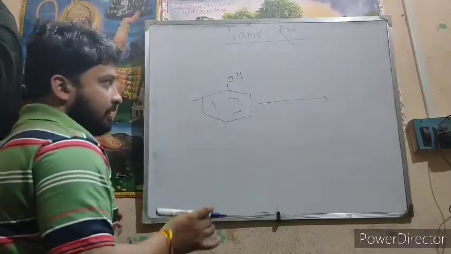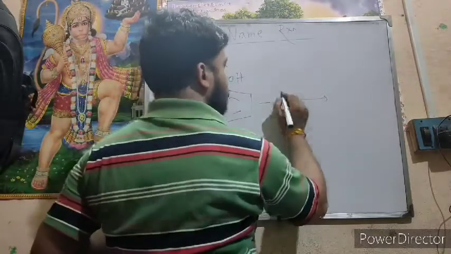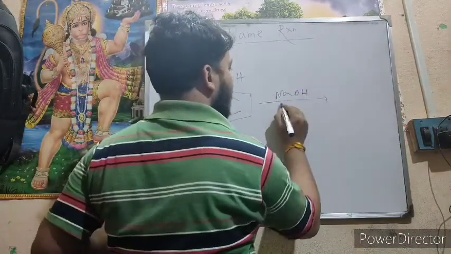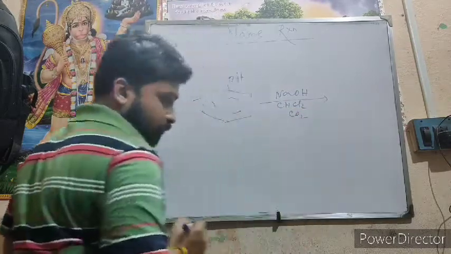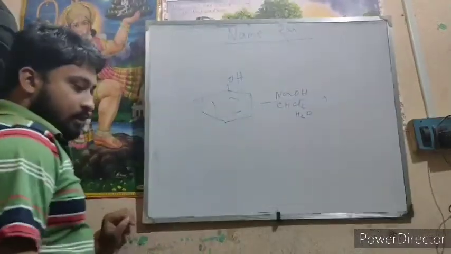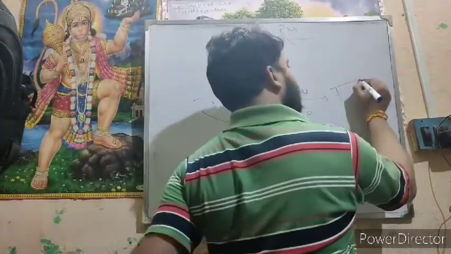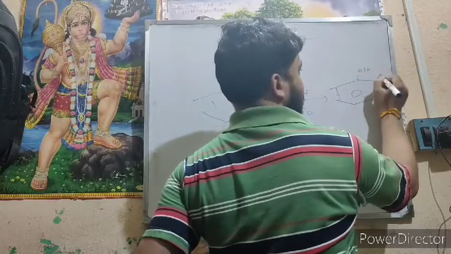That's why I get few times to finish it. So you take NaOH and CHCl3, and you get the product salicylaldehyde. What is it? Salicylaldehyde.